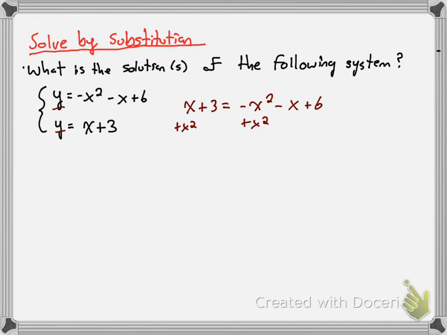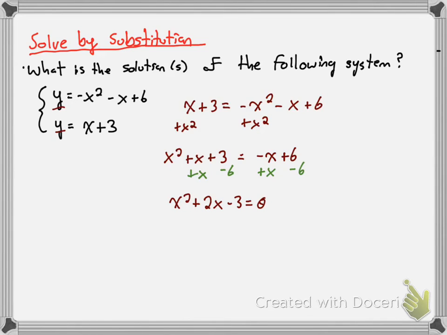That doesn't combine with anything, so I'm left with this. And from here, I'm going to add x to both sides, and I'm going to subtract 6 on both sides to get my one side to equal 0. And I'm going to be left with x squared plus 2x minus 3 equals 0.